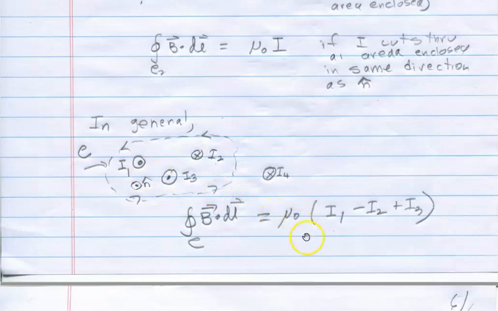And so we would get a contribution, since I1, I2, and I3 are all enclosed, cutting the area enclosed by the curve. I1, since it's coming in the same direction as n hat, is plus I1. I3 is plus I3. But I2 is going in the opposite direction, and so it's a minus sign, opposite to the normal of the area enclosed.